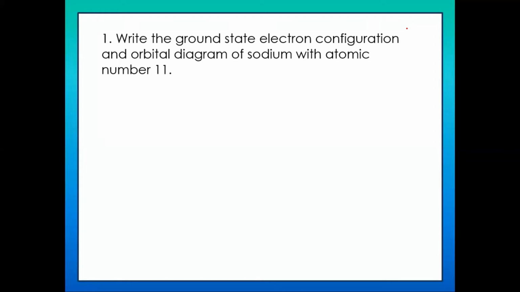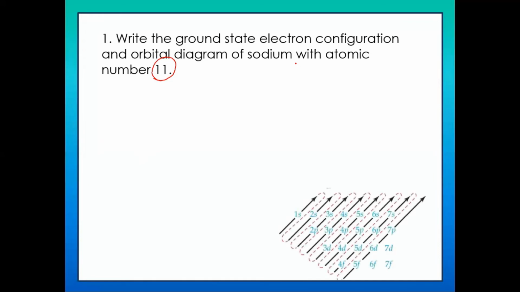So following the rules, the Aufbau, the Pauli exclusion, and Hund's rule, we can definitely go ahead and write the electron configuration for sodium. And we're going to distribute how many electrons? 11. That is based on the atomic number of your sodium. So we have to use the mnemonic device, which is this.